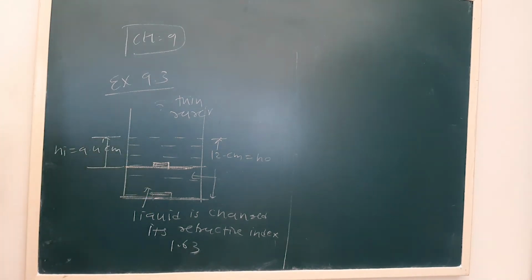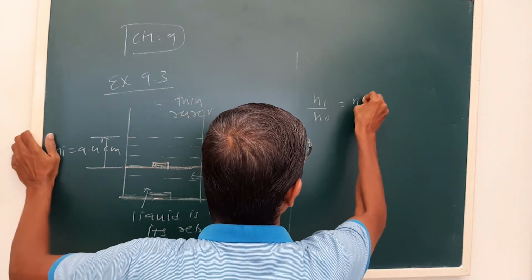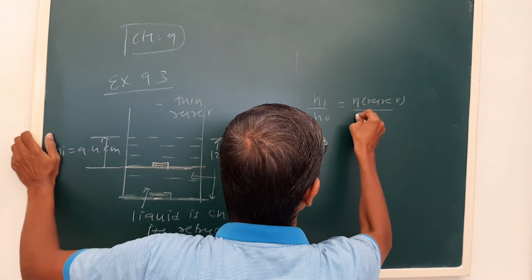Now what will be the change in the position of the height when it is observed from the top? Now see, we again use the same formula. Hi upon Ho is n rarer upon n denser.